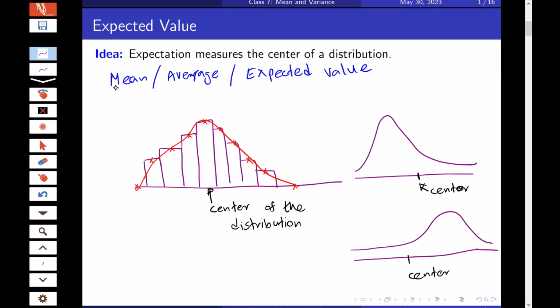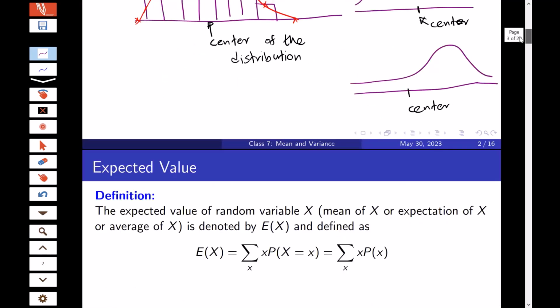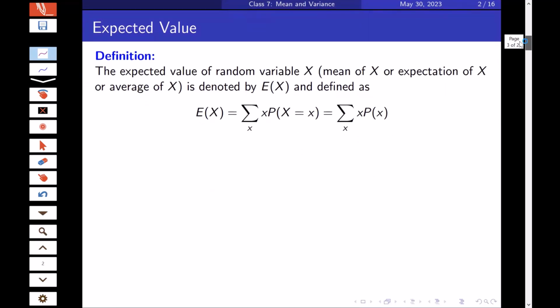The mean is more commonly used in statistics. Average is used in business applications, and expected value is used in probability or abstract classes like this. If you are asked to find the average, mean, or expected value, those are all the same. Now let's see how we can find the expected value of a random variable.